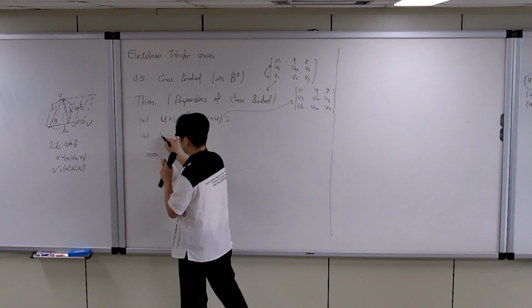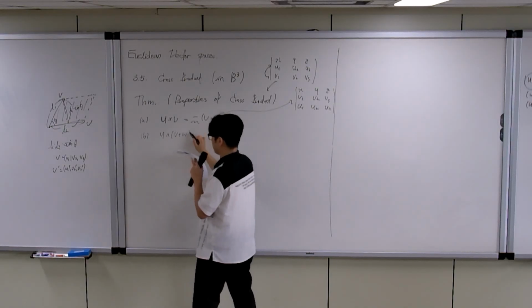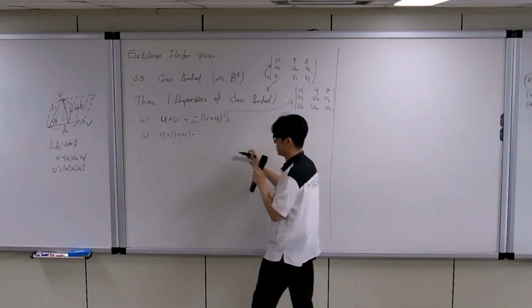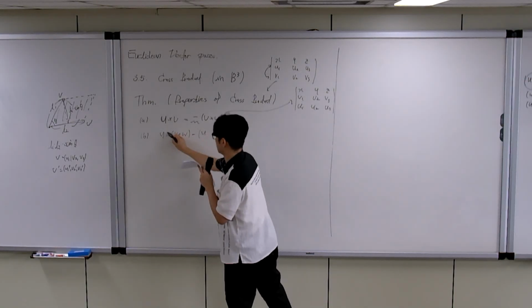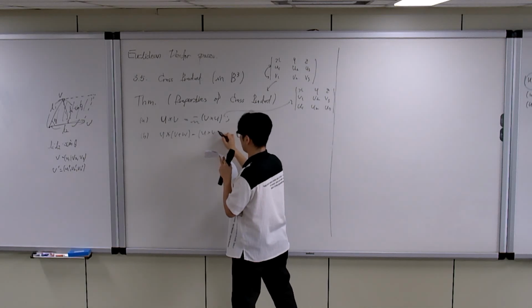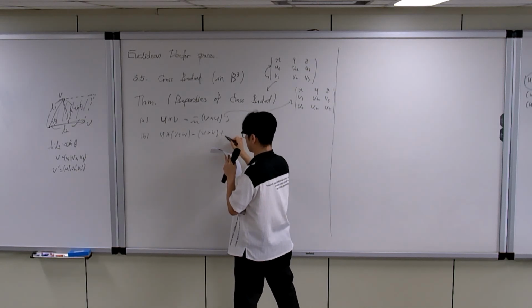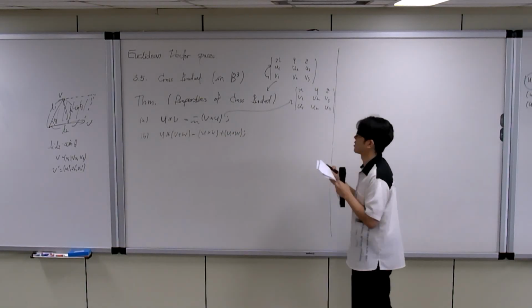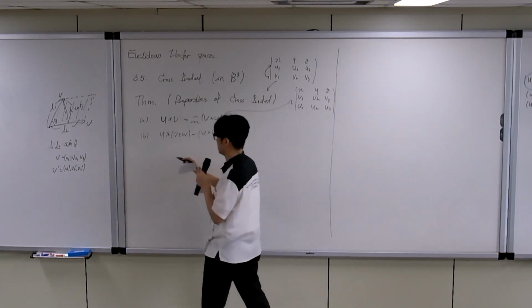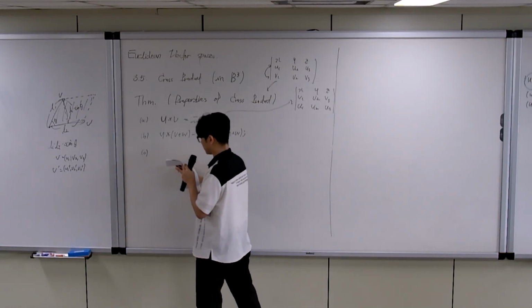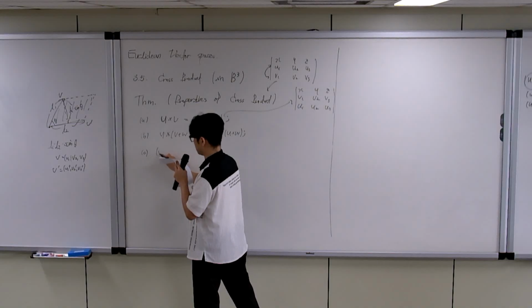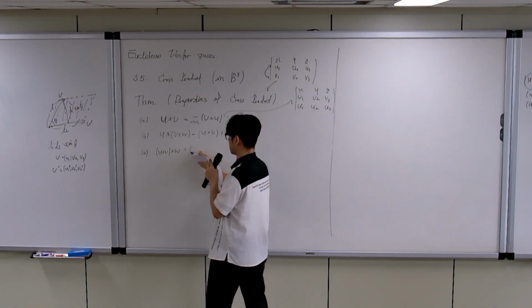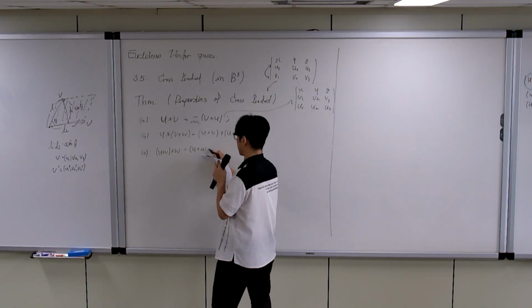And U cross (V plus W) is also the same sense. It will be distributed, as with the determinant. And the right distribution rule is also satisfied.